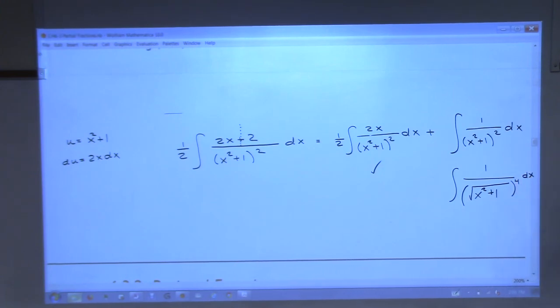Can't I? Doesn't this to the 2nd power equal the square root to the 4th power? And this looks like the square root of x squared plus a squared. And the trigonometric substitution for that is x equals a tan theta. That's what it is. I just don't have anything else I can do with this. Unfortunately, that's what I've got to do.